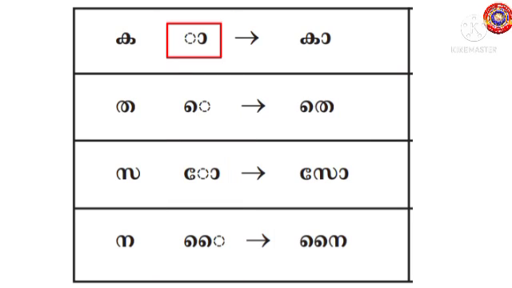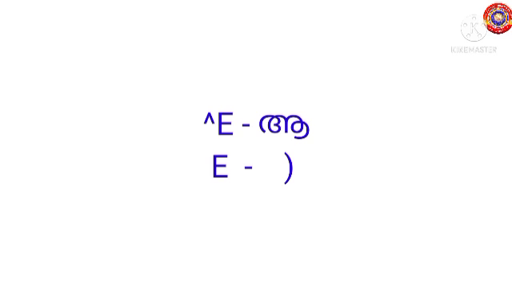This is the symbol of A. Here, we need to type the key only without pressing shift key. Clear? Remember, shift E will give us the letter A and the key E only will help us to type the symbol A.